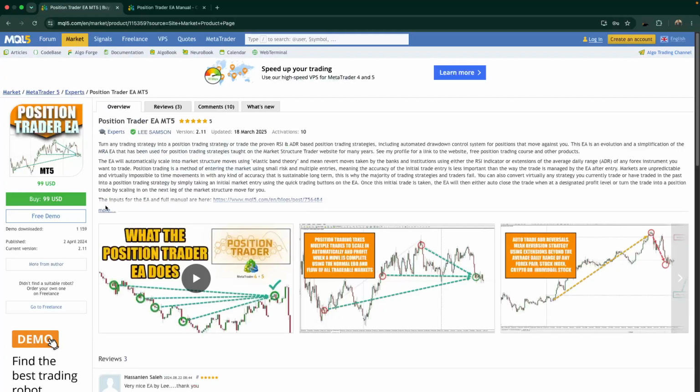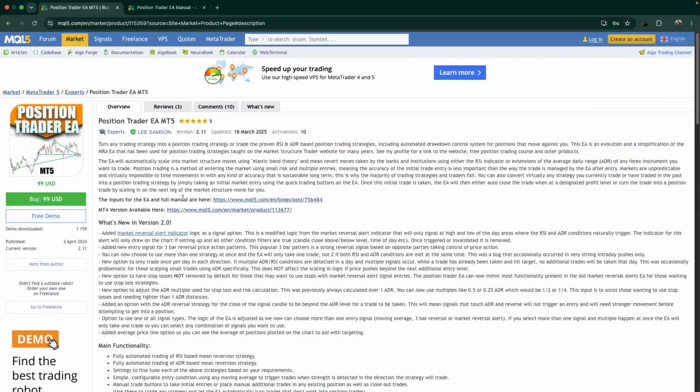Now, let's look at the strategy or the mechanism behind the Position Trader. According to the MQL5 page, Position Trader EA is designed as a smart position trading system that uses multiple strategies working together, and it includes RSI mean reversion, ADR based reversal logic, and moving average entry signals. The EA focuses on quality over quantity with built-in risk management rules like maximum open orders, maximum open trades, and drawdown control.